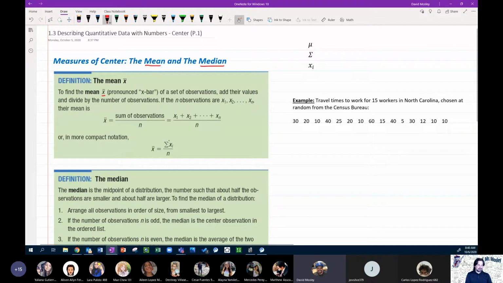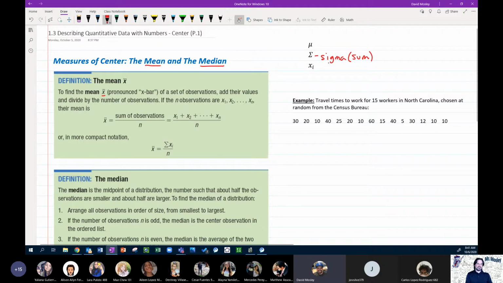All right, this little E-looking guy is a capital sigma. It's a Greek letter, and it means sum. In this notation, it means add up all of the terms. The x sub i is just a general notation that says anything in my data set is represented by x sub i.